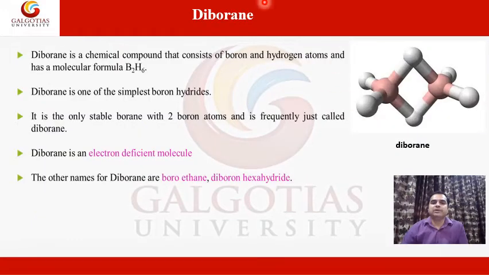Now come to diborane, which is the simplest known boron cluster in the literature. Diborane is basically a chemical compound which is mainly composed of boron and hydrogen atoms, having the molecular formula B2H6, and it is the simplest known borane cluster in the literature.